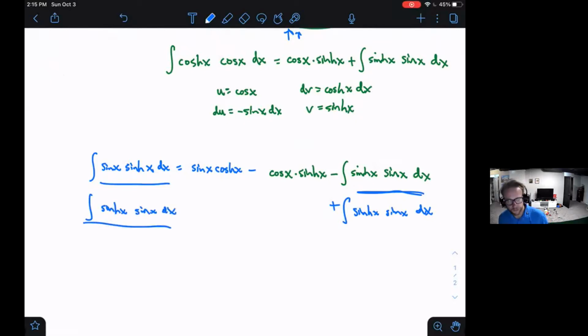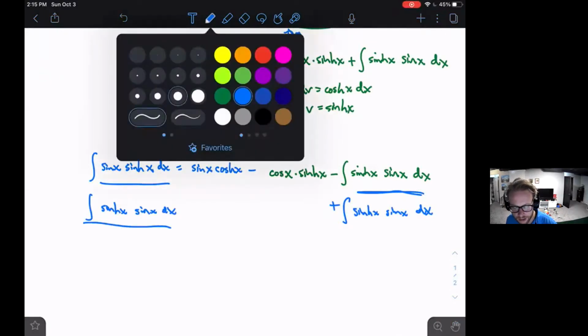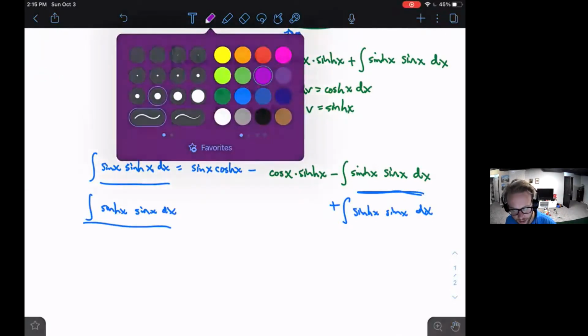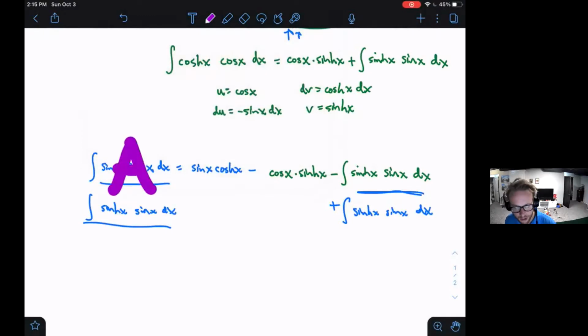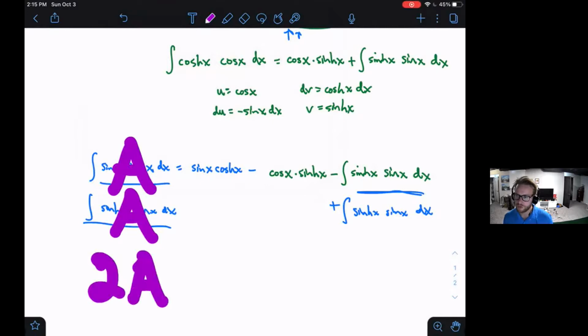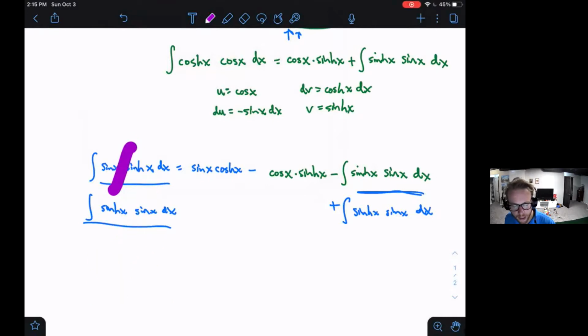And so when I'm thinking about this, I'm really thinking that this is just some quantity. I don't know exactly what it is. It's some A, and we've added on another A. And so whenever you have A plus A, it's just 2A. So it's just 2 times whatever that quantity is. And that's really what we're doing here: whatever this quantity is, we add it to itself.